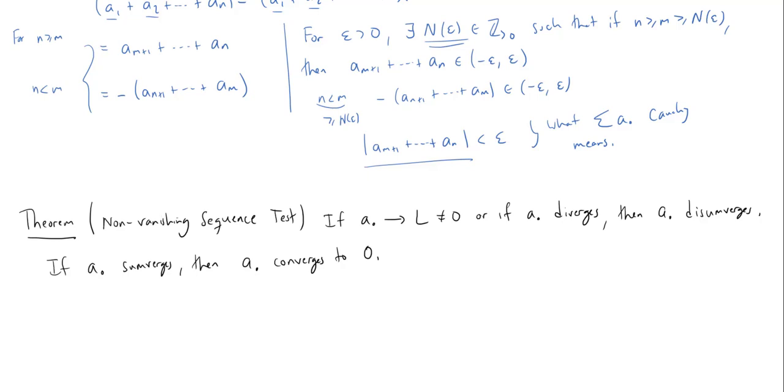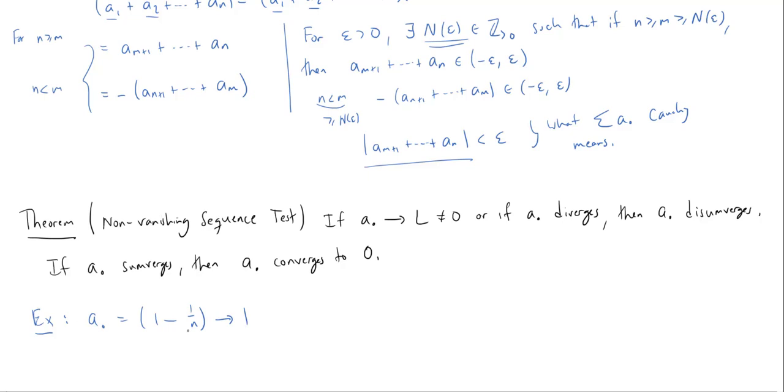So as an example, let's say I look at the sequence a_n equals 1 minus 1 over n. As n goes to infinity, we know that 1 over n goes to 0, and so 1 minus 1 over n is going to converge to 1.